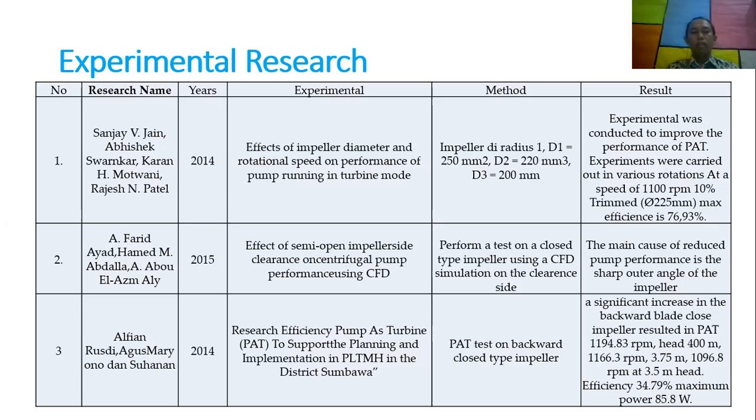Alfian and friends found a significant increase with the backward leg closed impeller in PAT, with maximum power of 89.8 watt. So here, my team wants to increase efficiency with CFD.